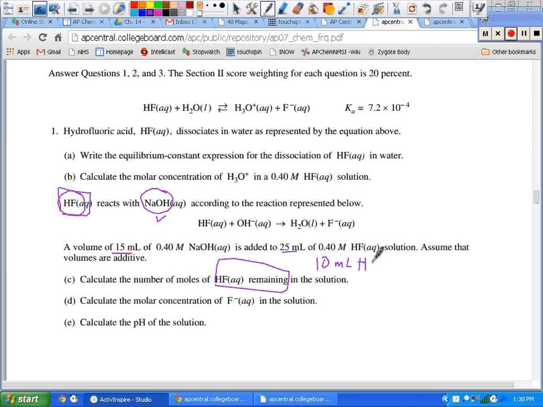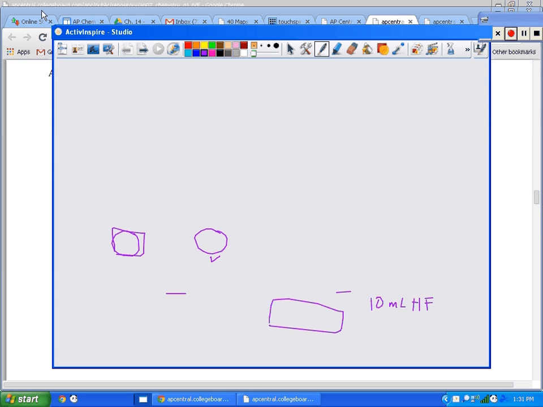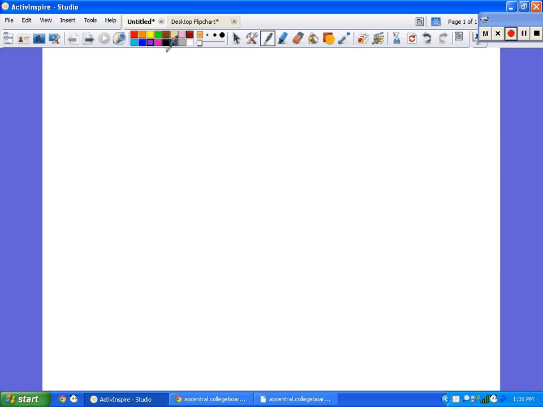Okay? So can all of the NaOH absorb all of the HF? No, because there's not as much of it. That is the key. Thank you. That is the key to that little aspect. So this is what we need to know. So the question was, how many moles of HF are remaining? So this is what I would write down.